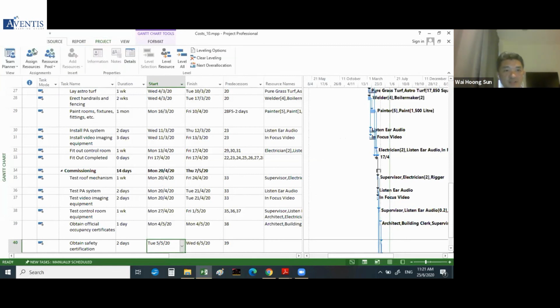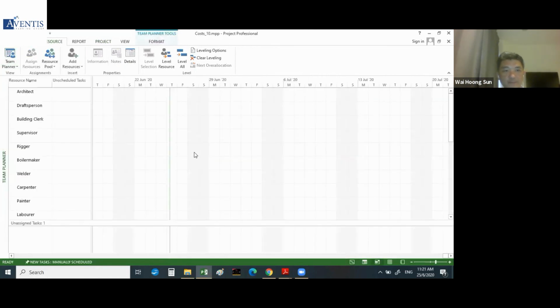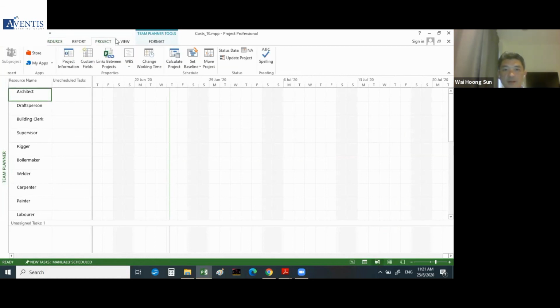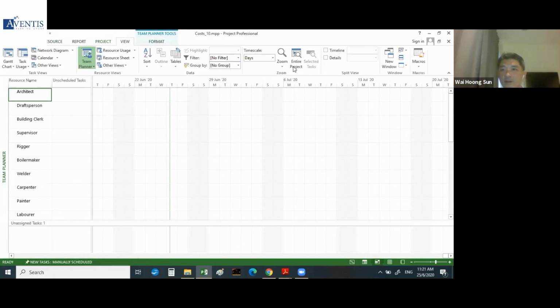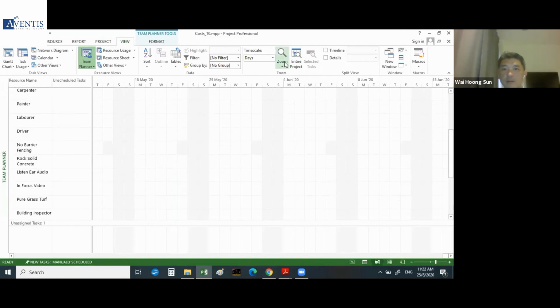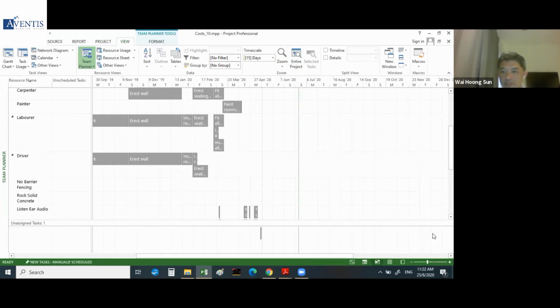You could also look at the resources being used in the project. So you have the team planner. For example, these are the people being used in the project. You could see over here when they are being used and what task they're being used for.